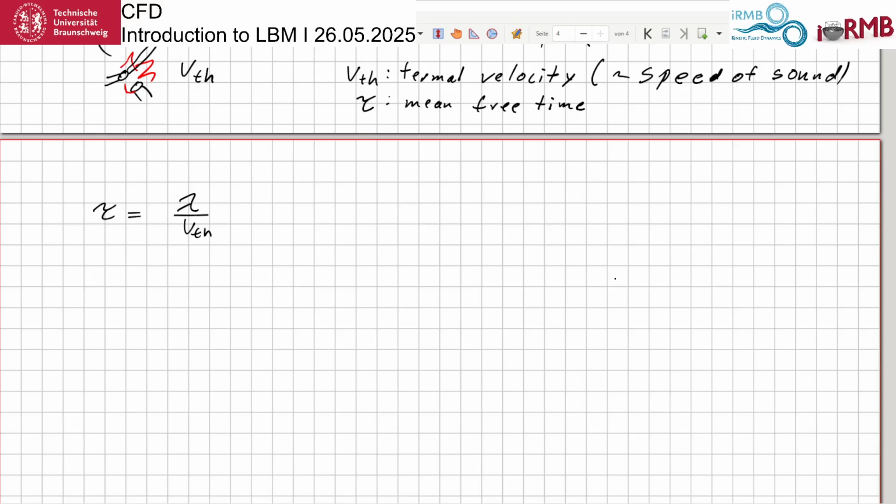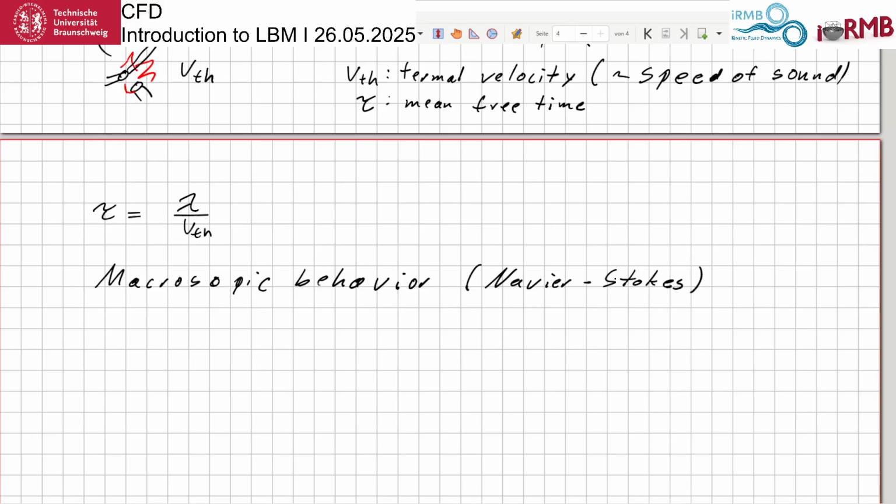So now, if you do an asymptotic analysis of this Boltzmann equation, which is called the Chapman-Enskog expansion, then you see that this leads to a macroscopic behavior, or that you can asymptotically describe this with the Navier-Stokes equation.